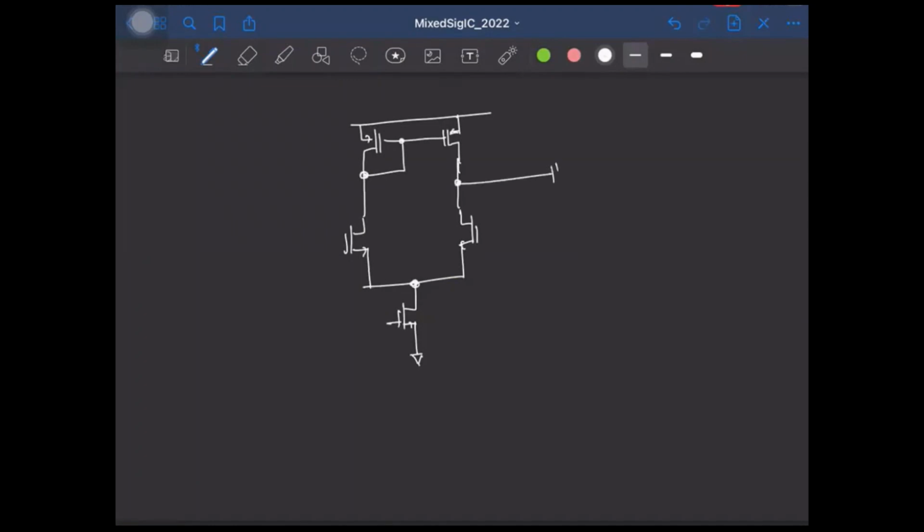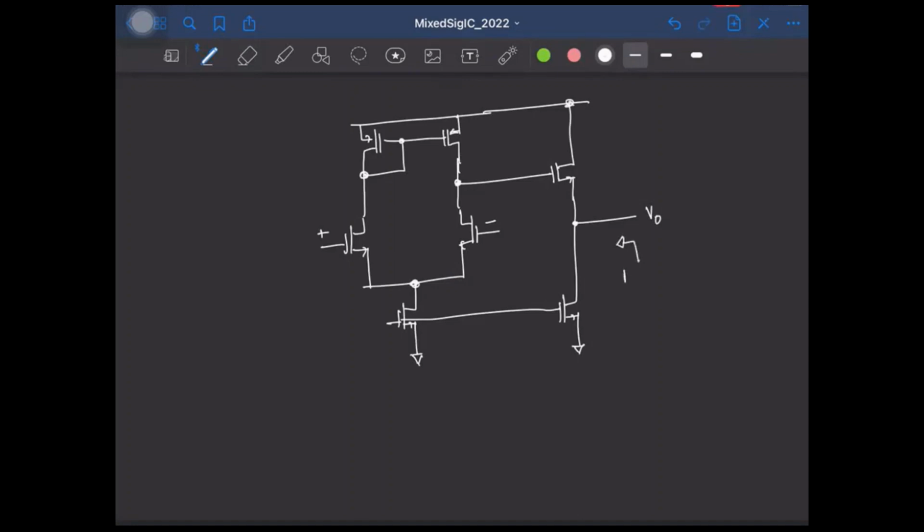And the output is given to a source follower like this. This is the current source transistor. And this source follower acts as a buffer and provides a low output impedance. So this is the positive terminal of the OpAmp, this is the negative terminal, and this is the output voltage.